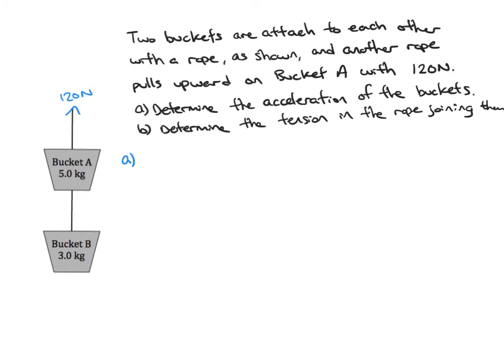I'm going to combine the 2 masses of the buckets together to treat it as one big object and just calculate the acceleration of that one big object. So I'm going to draw a free body diagram where my box represents the total mass of these 2 buckets, 8 kilograms.